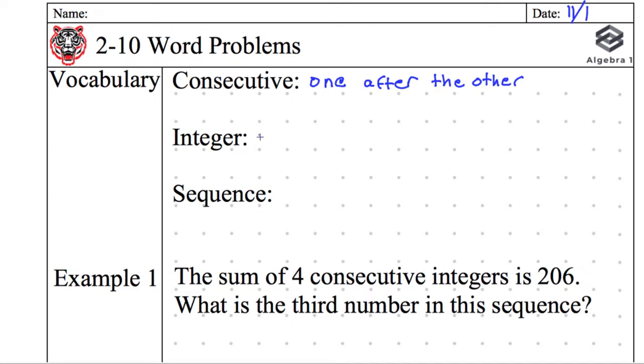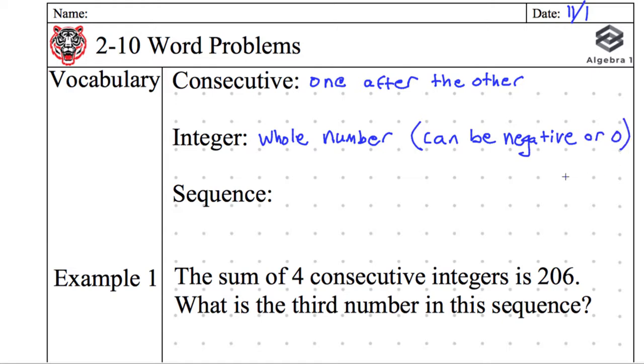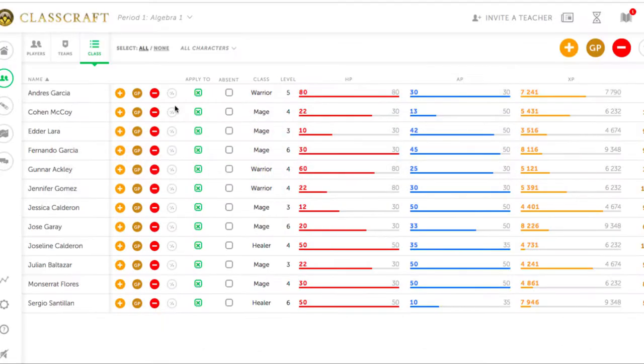Yeah, it's a whole number, and I'll put here in parentheses, can be negative, or 0. 0 is an integer, -3 is an integer, 100 is an integer, but 1.5 is not an integer. It is not a whole number. Pi is not an integer. It is not a whole number. So thank you, Cohen.